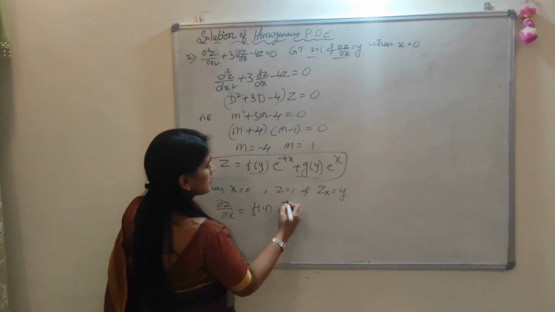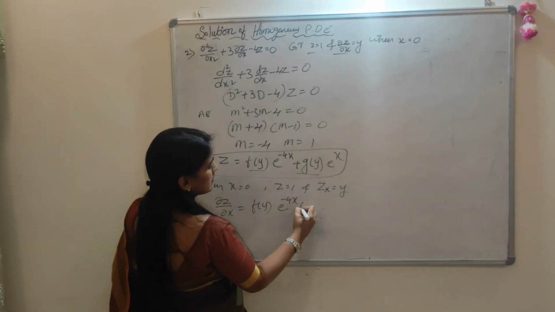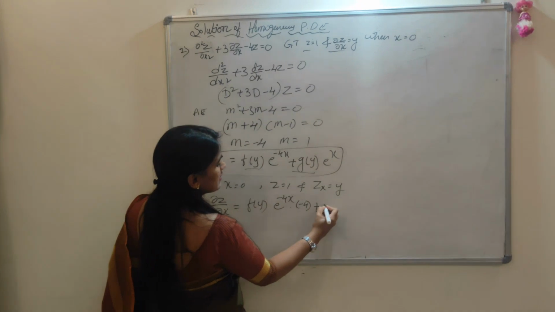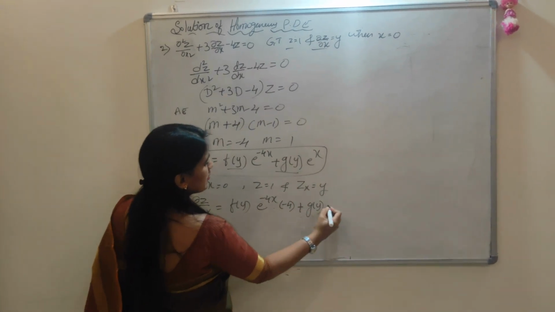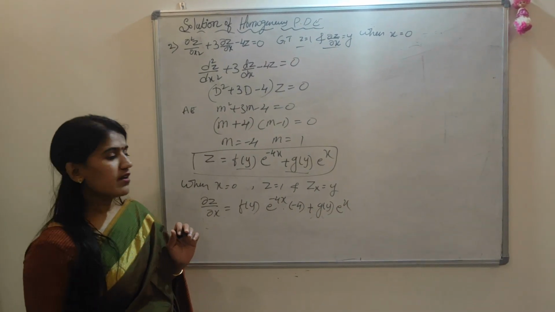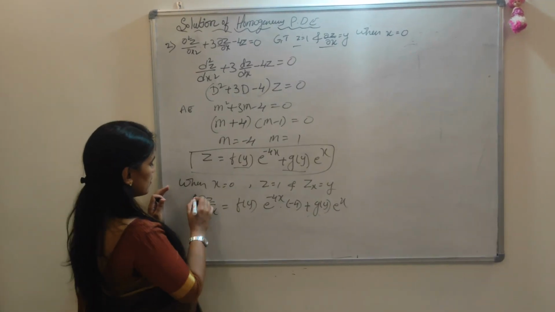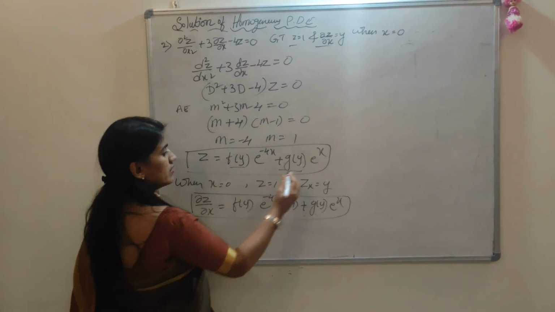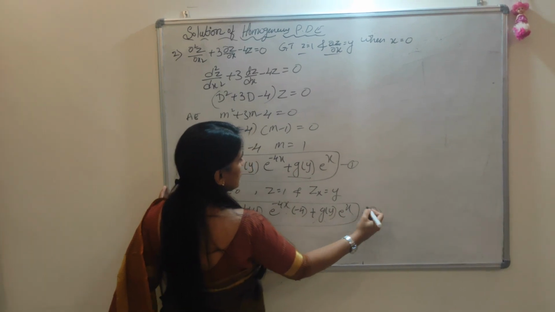The derivative of e^(−4x) is e^(−4x) into −4, plus g(y) constant, and the derivative of e^x is e^x. So this is ∂z/∂x. I'll call this equation 1 and this equation 2.